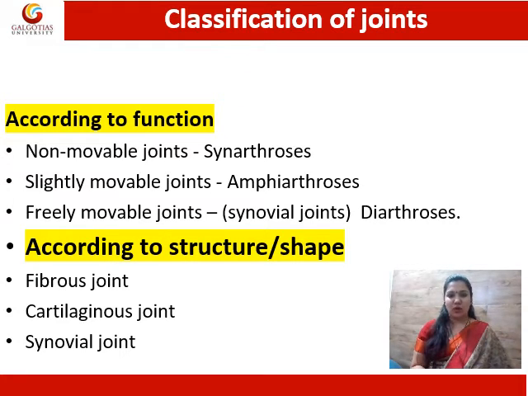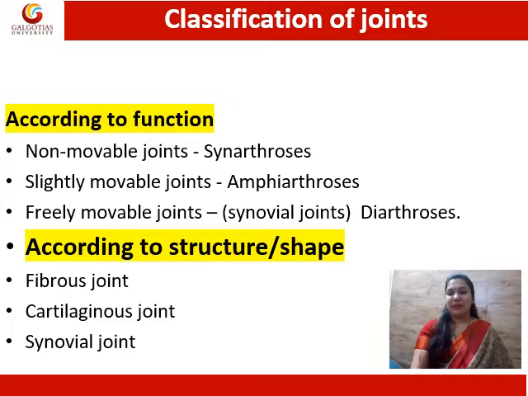Non-movable joints are called synarthrosis. Slightly movable joints are called amphiarthrosis. Freely movable joints are synovial joints, also called diarthrosis. According to structure and shape, the classification is the fibrous joint, the cartilaginous joint and the synovial joint.